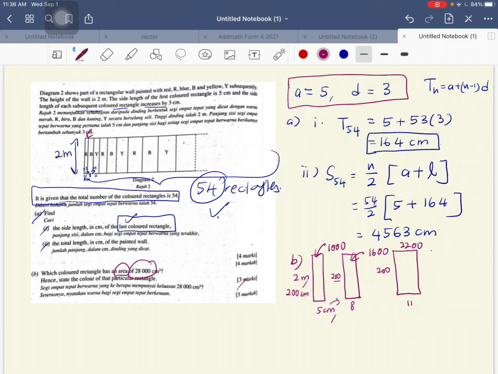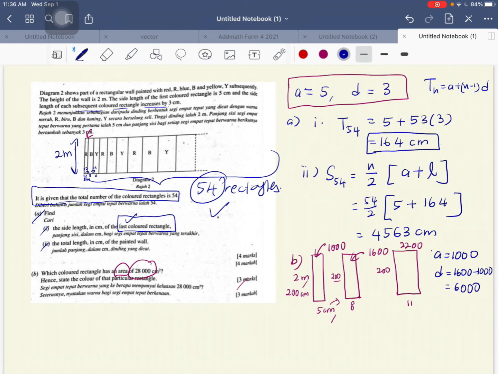So we see here that this is still an arithmetic progression because it increases by 600. So the difference between the areas from one colored rectangle to another is 600. So for this one, we have A equal to 1000 and our D to be 1600 minus 1000, which equals 600.